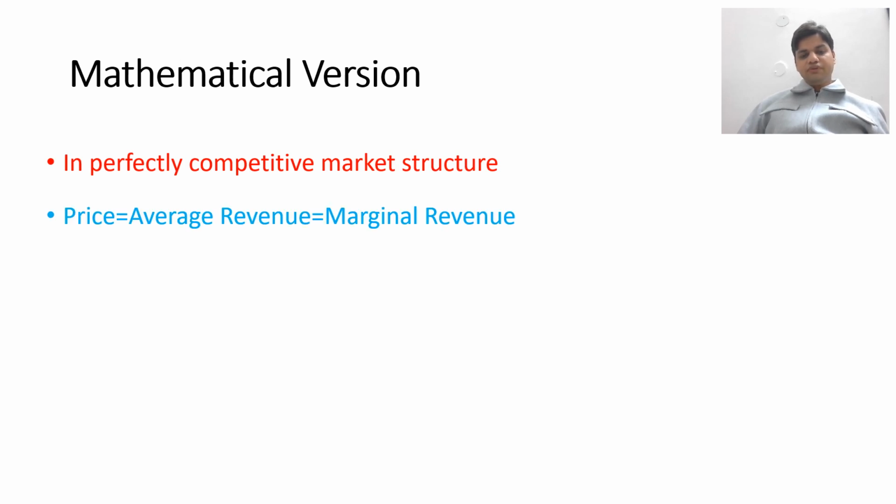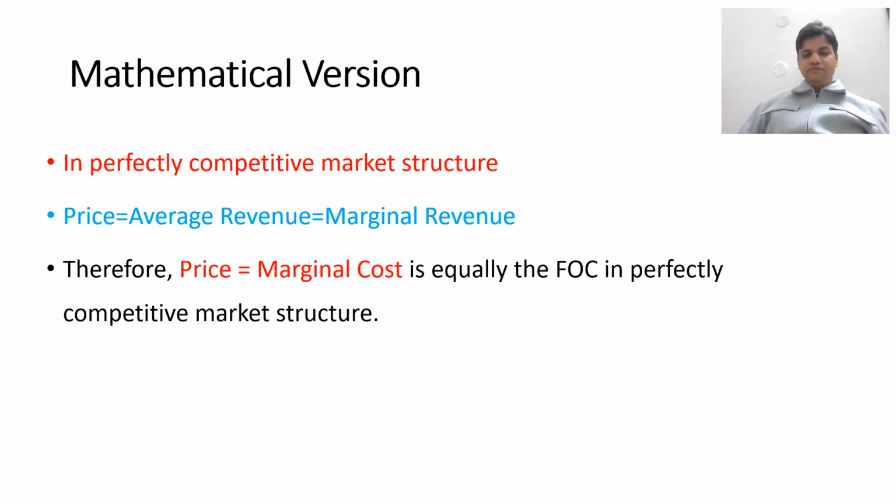In perfectly competitive market structure, we know that price is equal to average revenue is equal to marginal revenue. All three are equal. So we can say the marginal revenue curve, average revenue curve, is just a horizontal straight line.